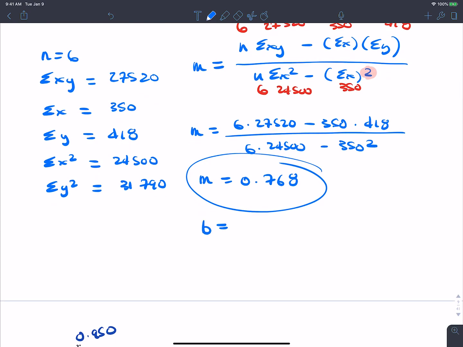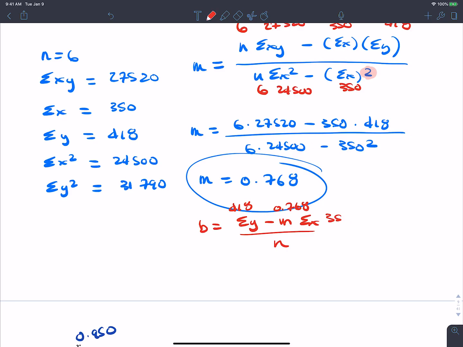Now, how do we get the y-intercept again? What's that b going to be here? Remember this? So we put it in red. Sum y minus m times sum x, over n. Is that true? You guys remember that for our y-intercept value. So sum y here is 418. My m is 0.768. The sum x value is 350.